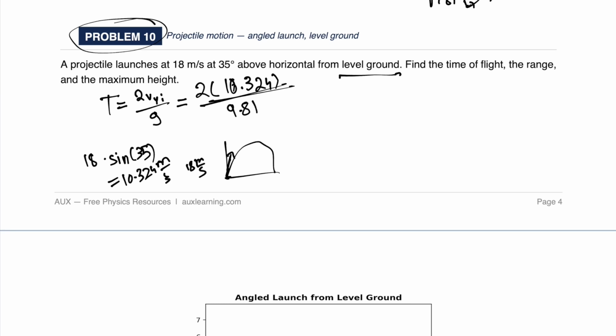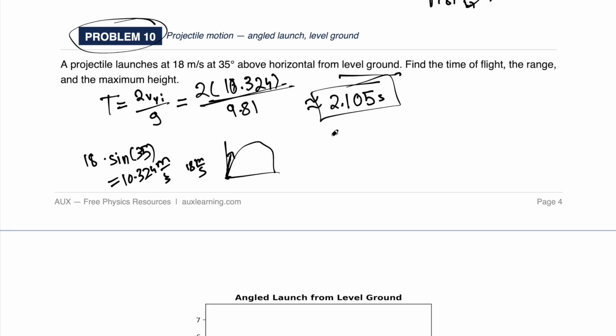So 2 times the answer divided by 9.81. That should give me approximately 2.105 seconds. That's my time of flight.